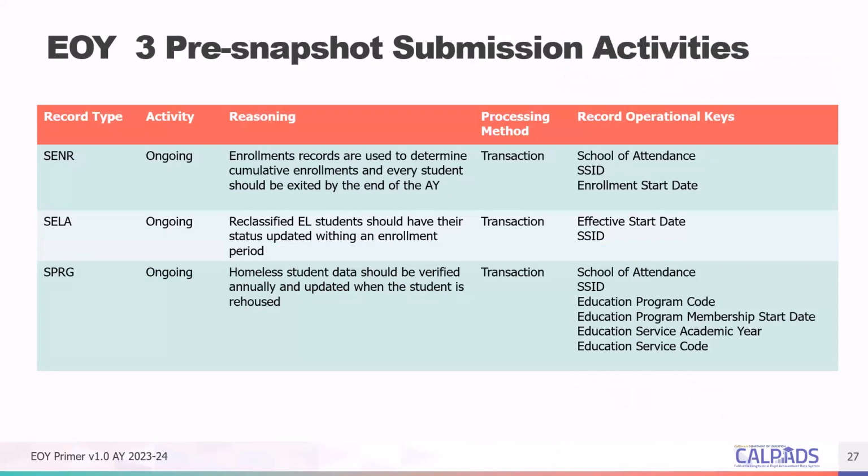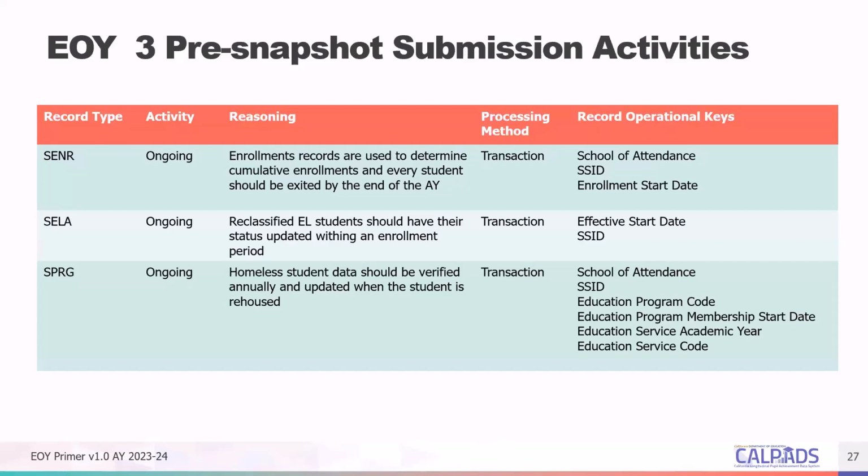Okay, so these are pre-snapshot submission activities. Like in our end of year 1 and end of year 2 sections, these are the activities that you can be doing now, prior to May 7th, so prior to the opening of the end of year data collections. Student enrollment data that is submitted throughout the year is used to calculate cumulative enrollment. However, student exit information is required to certify end of year 3.